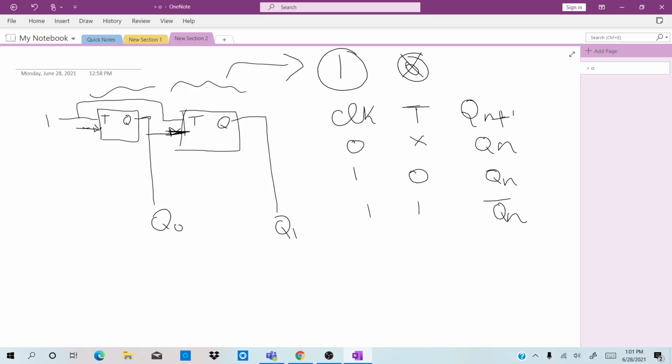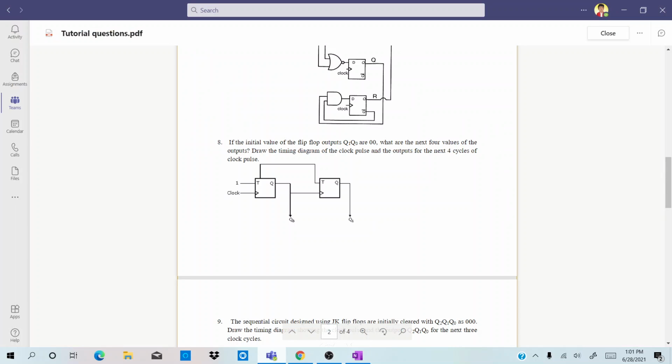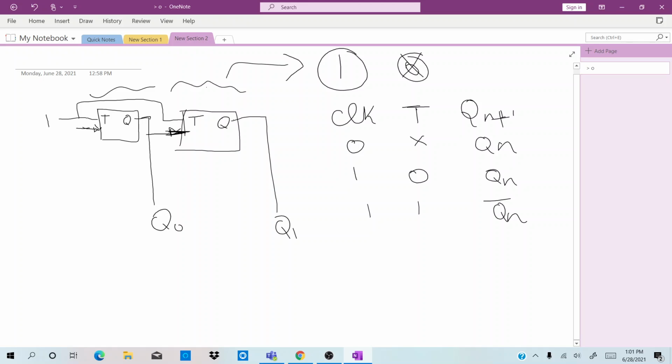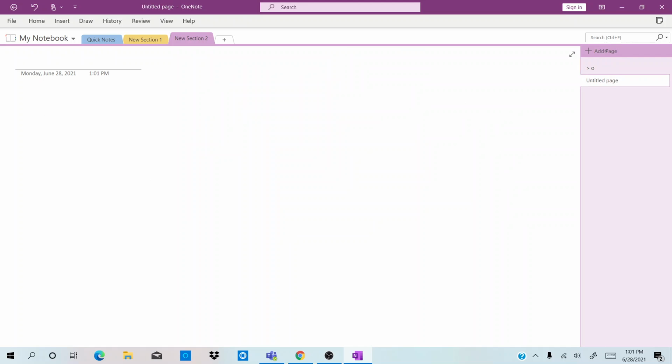So in the question they have given Q0 and Q1 as 0 0. So we need to draw a table for this, and this is Q0, this is T0, and for differentiating them, this is T1 and this is Q1.